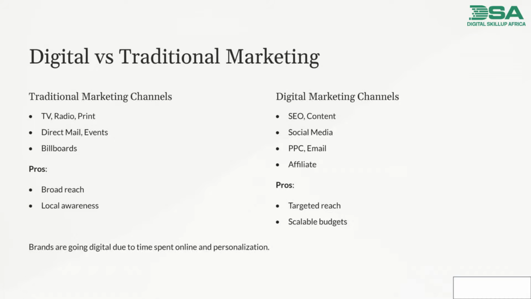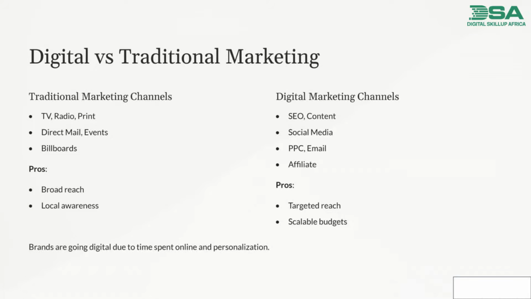An example could be the Super Bowl ad or Big Brother Niger that we are watching. They're watching the ads there. It has a very broad reach, and those are the pros of traditional channels. And there's local awareness also, because if you put billboards in local places, like local streets and different towns, it reaches local people.